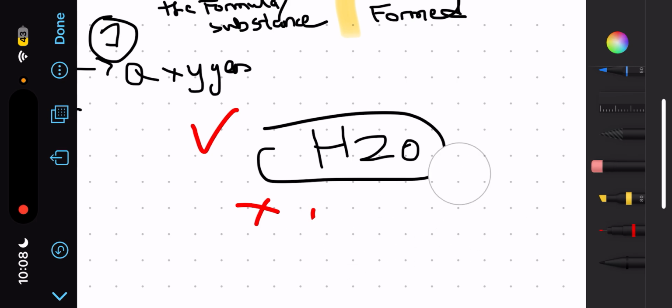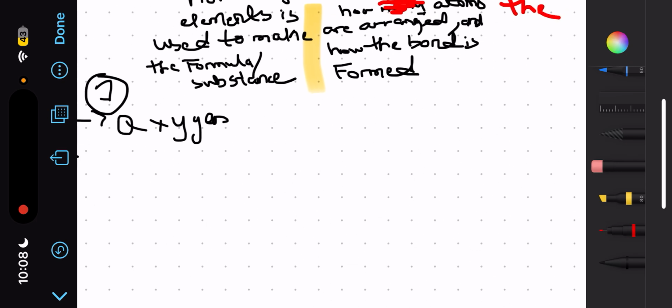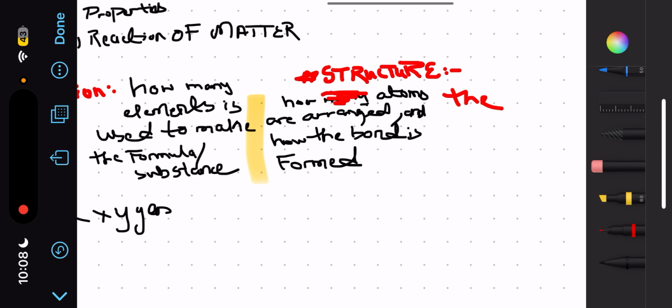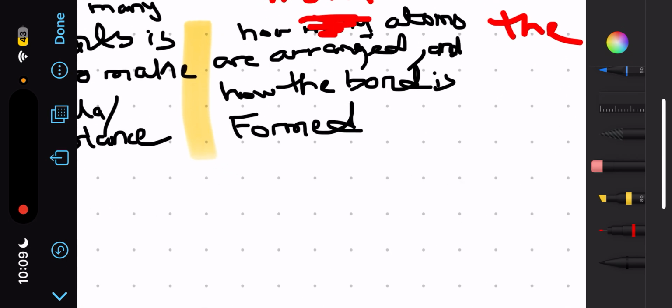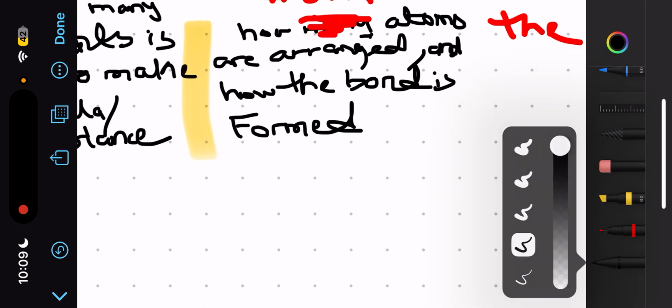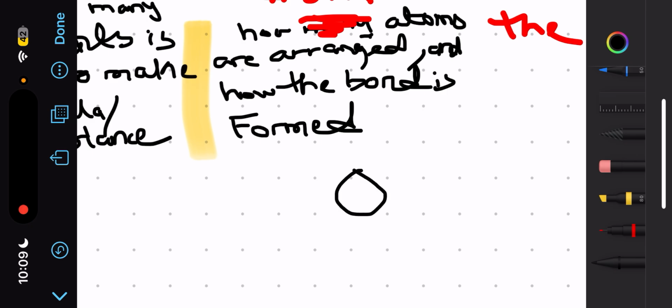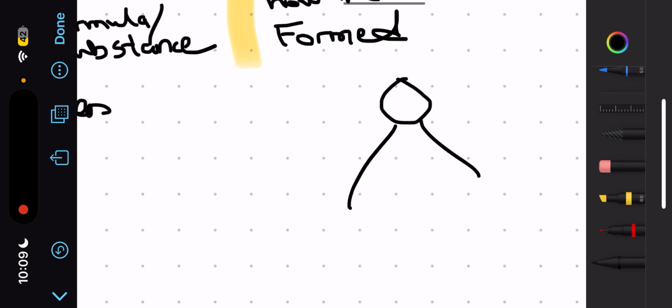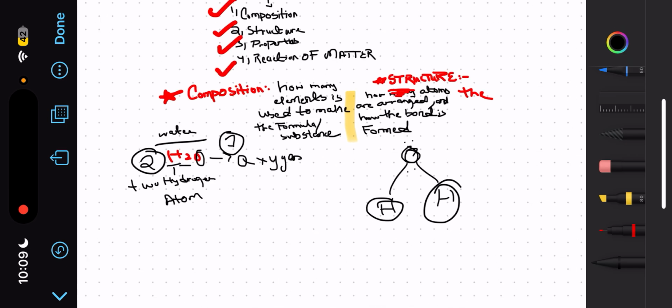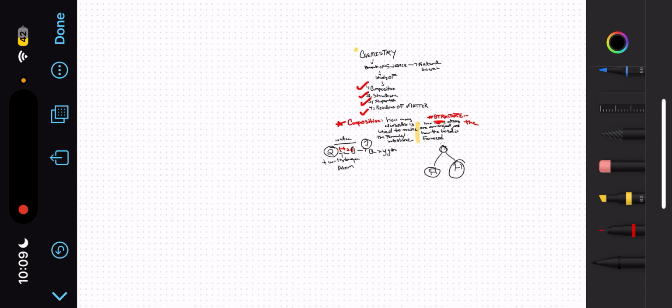So we discuss the structure of a substance or formula in this category. The structure of H2O is something like this: here is the oxygen and here are two hydrogen atoms.